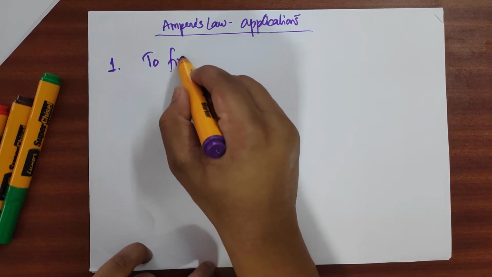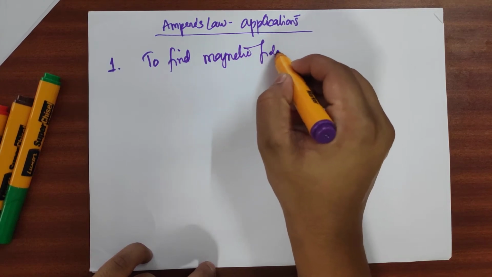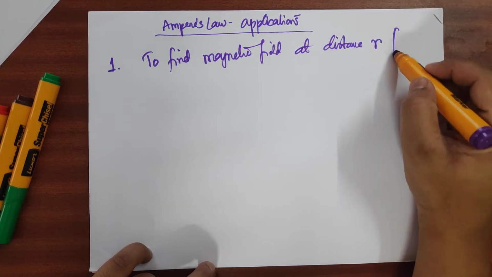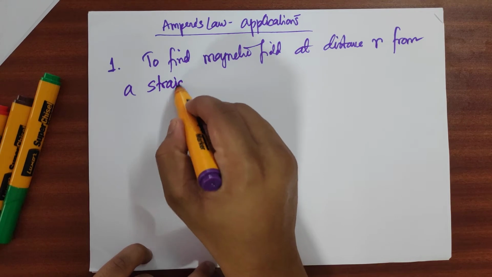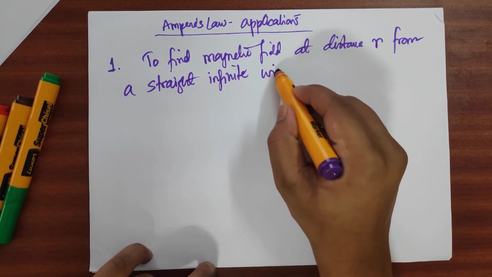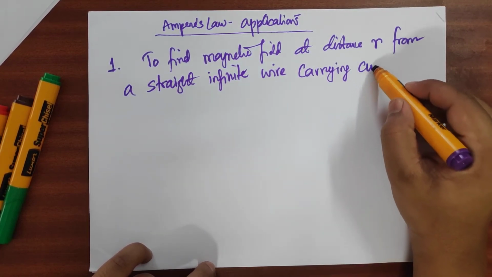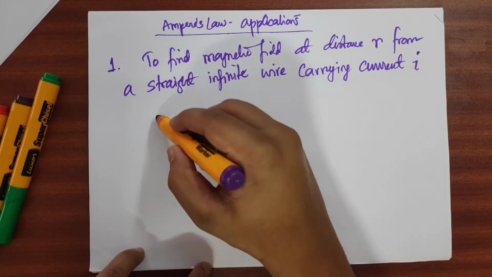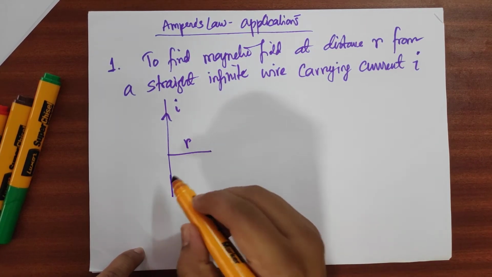First one is to find the magnetic field at a distance r from a straight infinite wire carrying current I. So this is the straight infinite wire. At a certain distance r, you have to find the magnetic field.